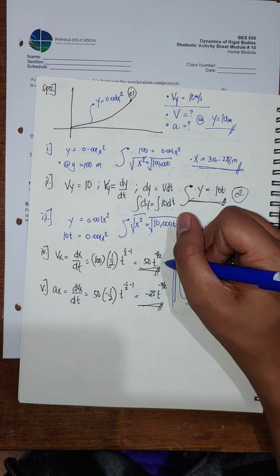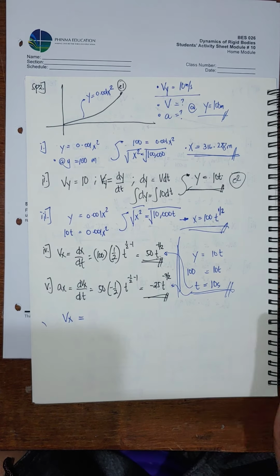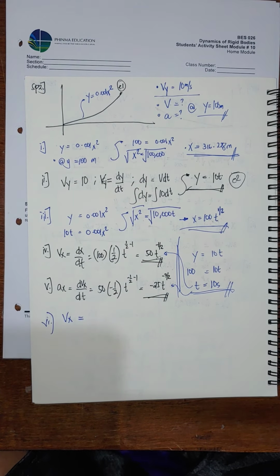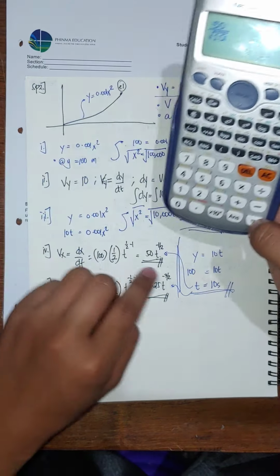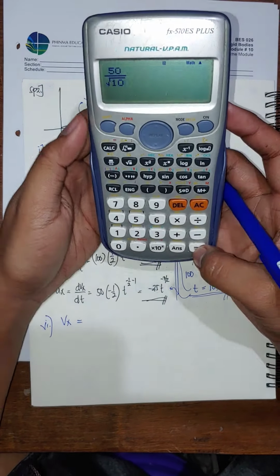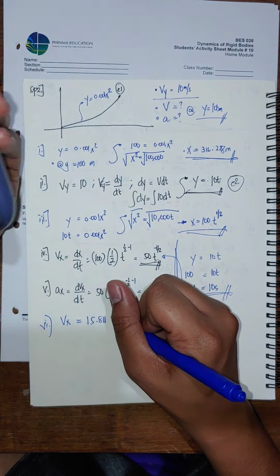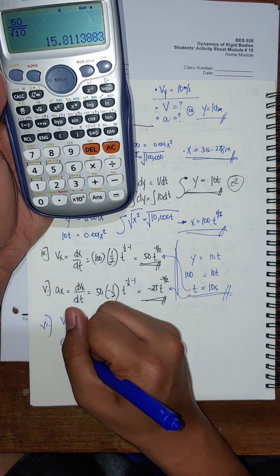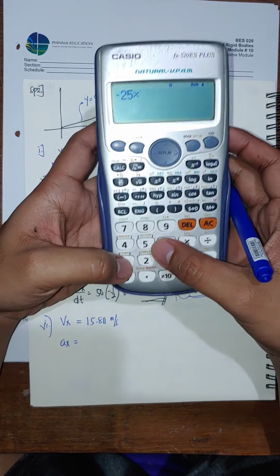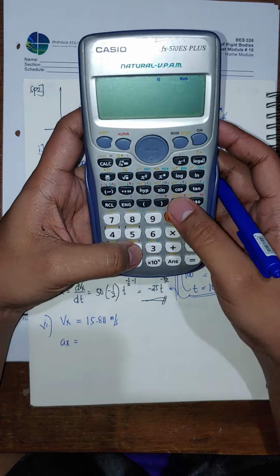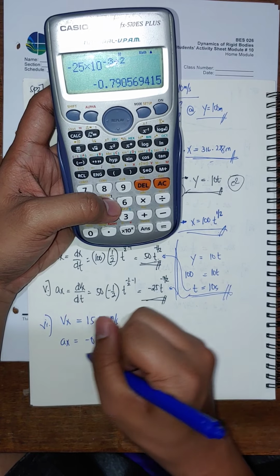Substituting this value of time, we get the velocity along x equal to 50 over the square root of 10, because the negative 1/2 exponent goes to the denominator. That is 15.811 meters per second. The acceleration along x is negative 25 times 10 raised to the negative 3/2, which is negative 0.791 meters per second squared.